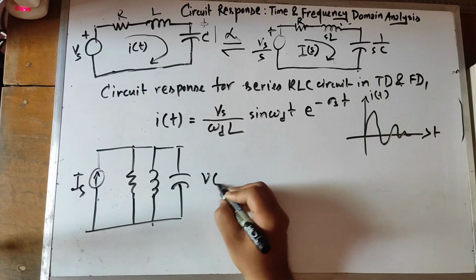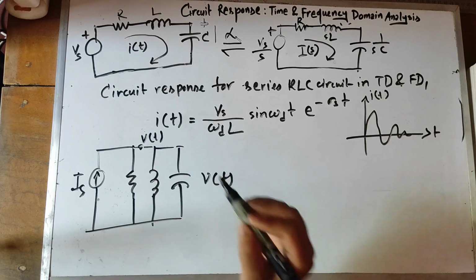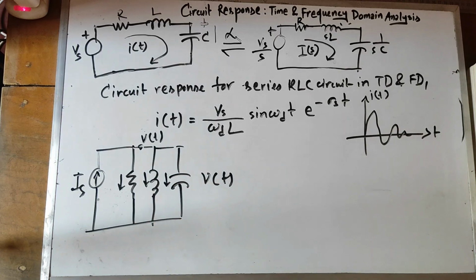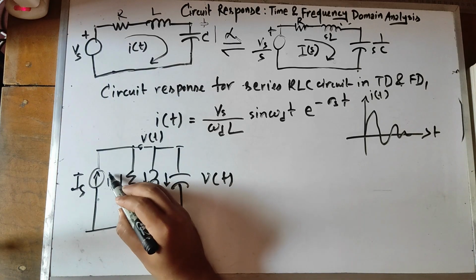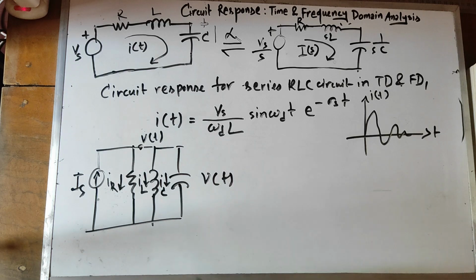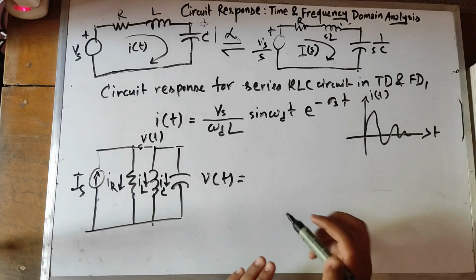If I take the voltage as the circuit response, voltage is this Vt, this is the direction of the current I have assumed: IR, IL, IC. So the voltage response will basically be the same.